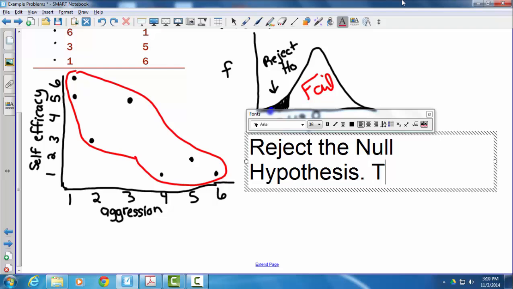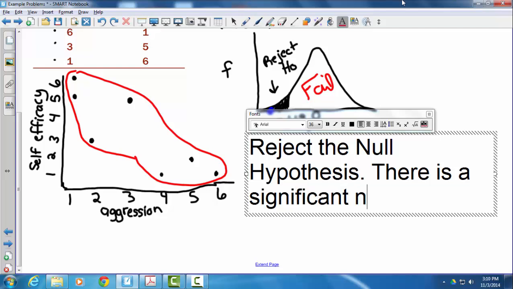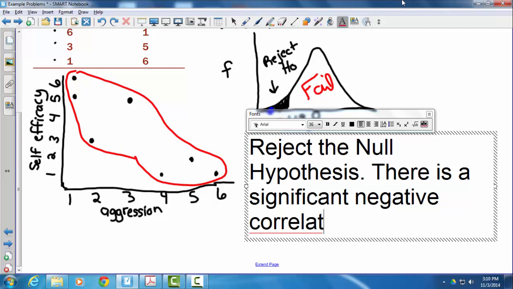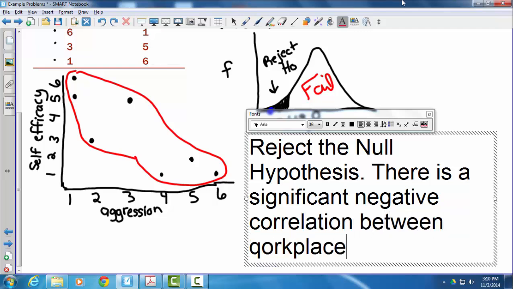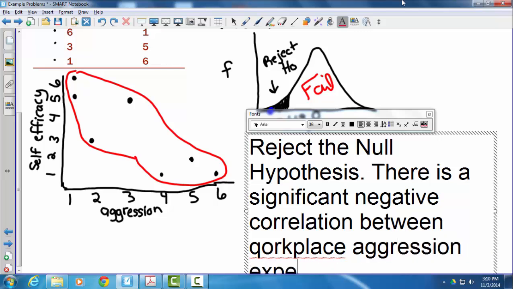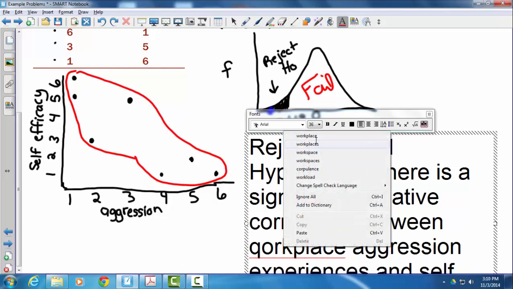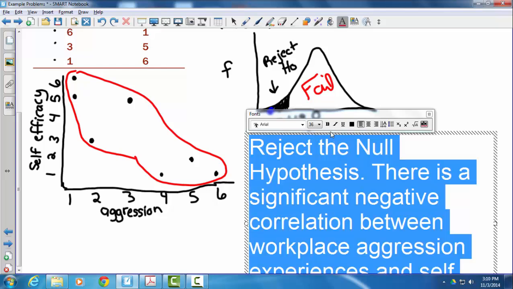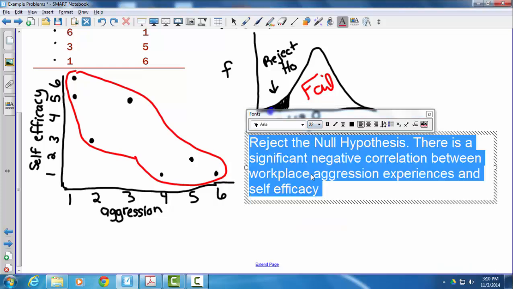So let's see. There is a significant negative correlation between workplace aggression experiences and self-efficacy. Let's make this a little smaller so it actually fits on the screen.